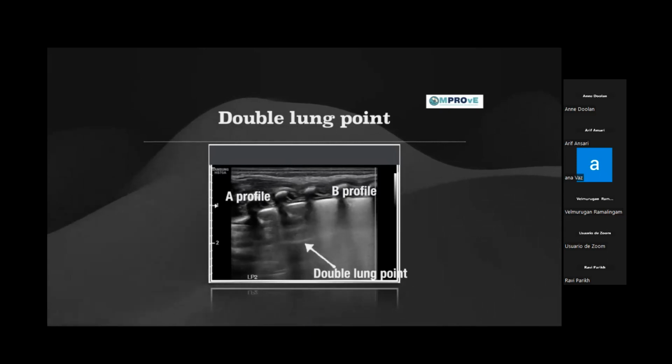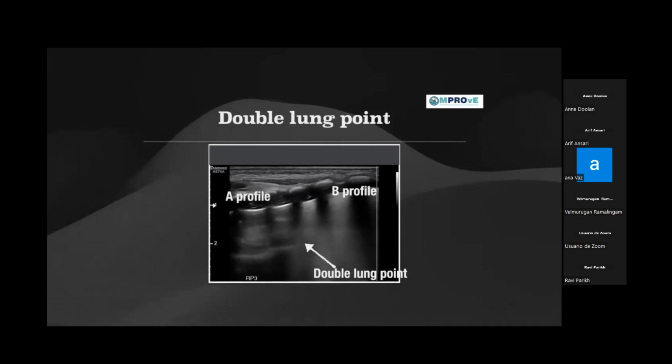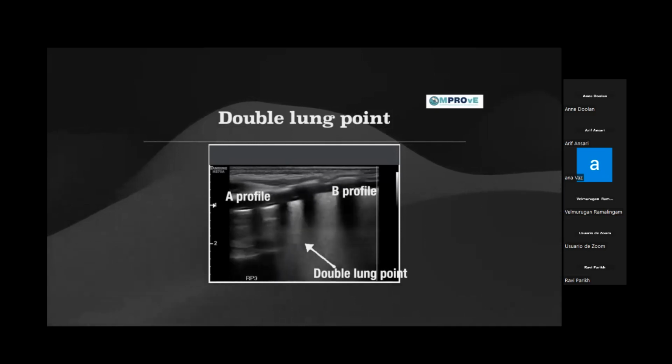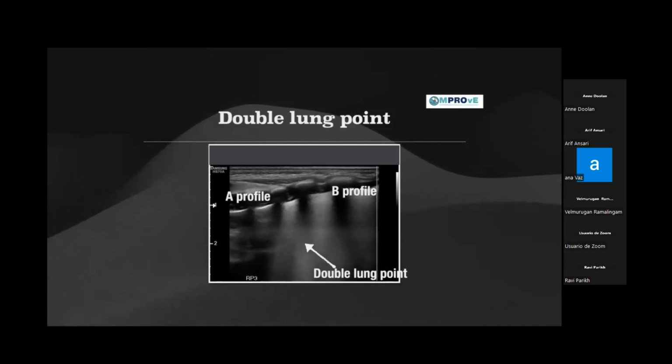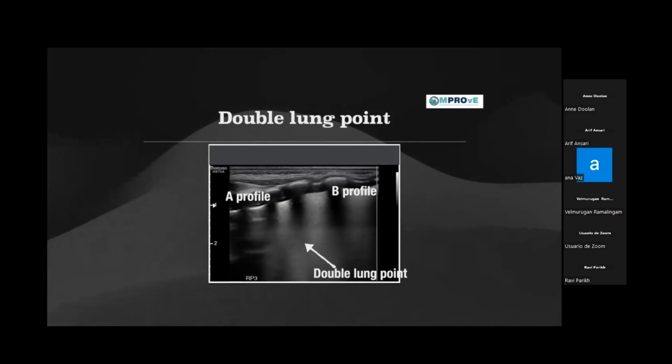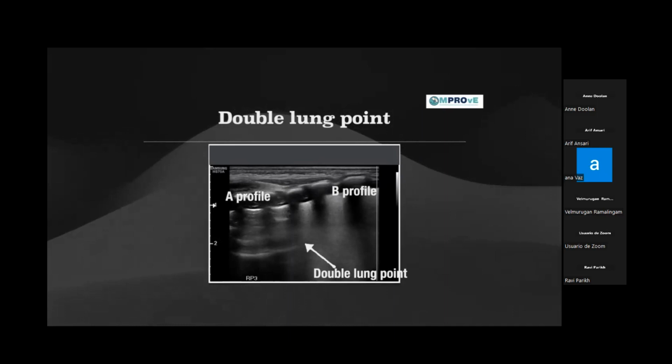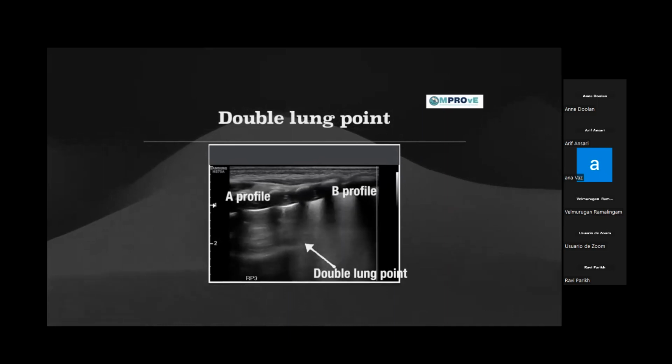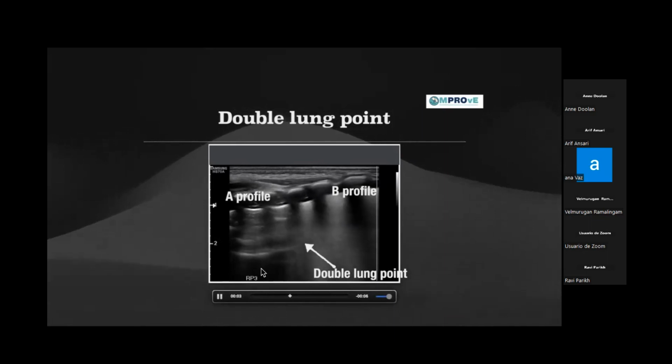Right. Okay. Moving on. This is another double lung point. Again, try to recognize the pattern here, see how it looks. The more you see, it will be etched in your memory, and you know that this is what we are dealing with. This is the double lung point. Well aerated area.